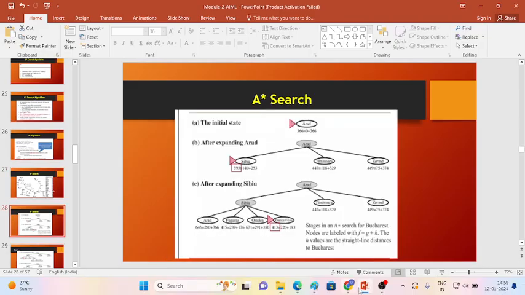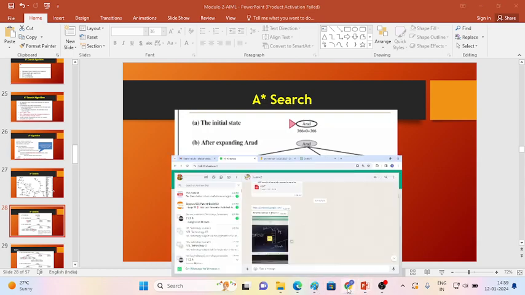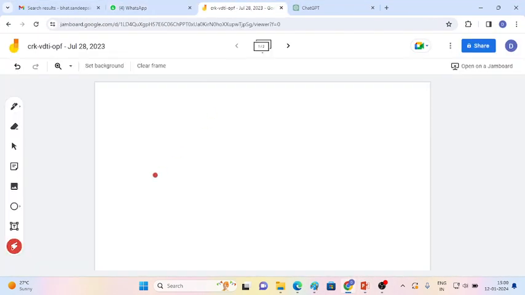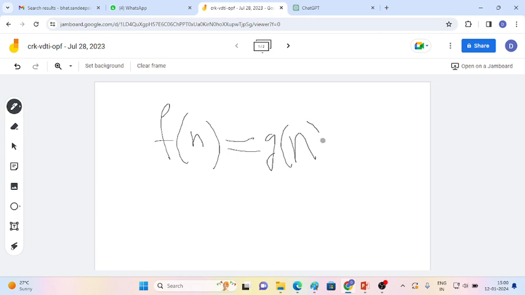The function we need to consider here is f of n, that equals g of n plus h of n. Okay, we need to consider this formula.